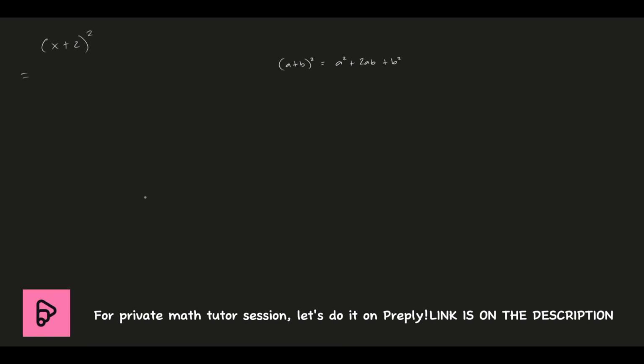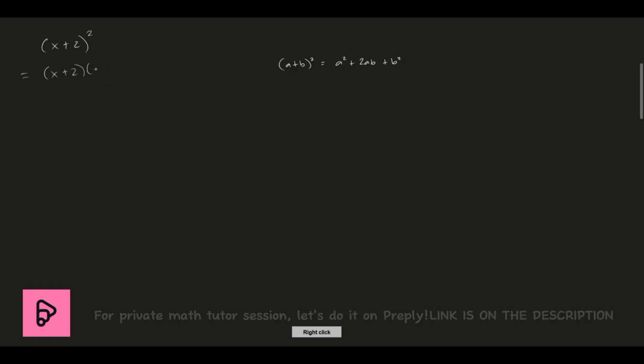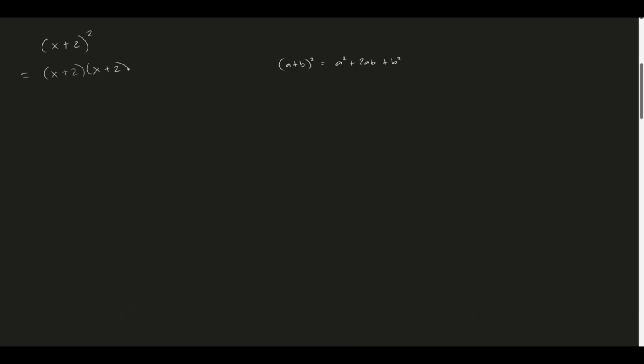Okay, so let's say we have this kind of problem. The conventional way is that the squared means we multiply it by itself. So we must first multiply this one to this, also this to this, and add the products of the other terms.